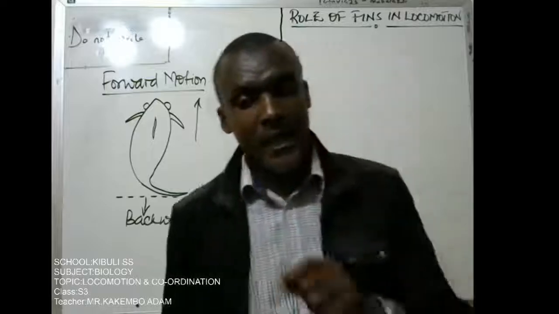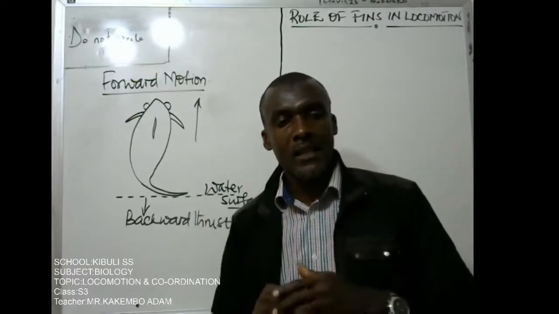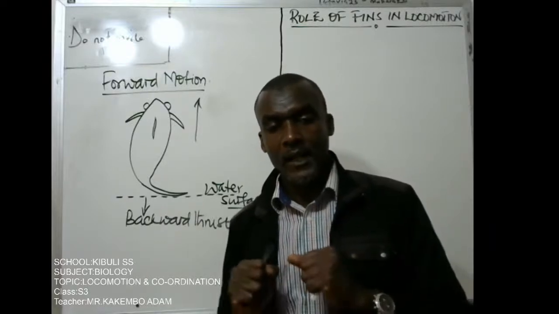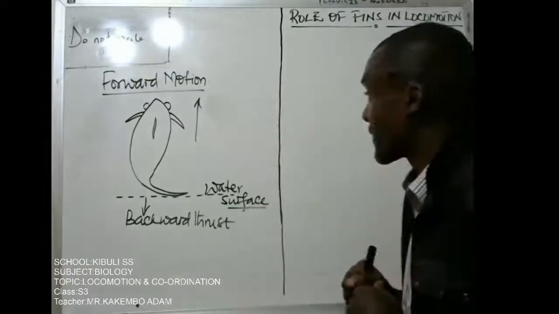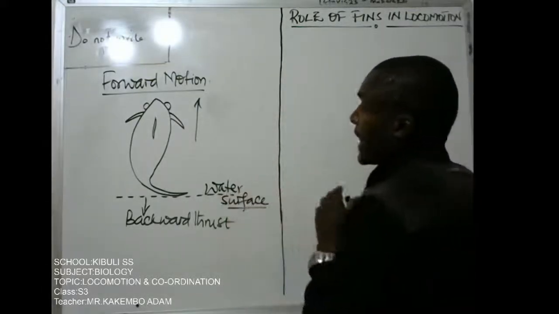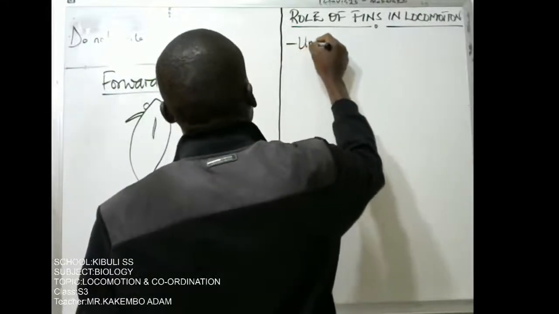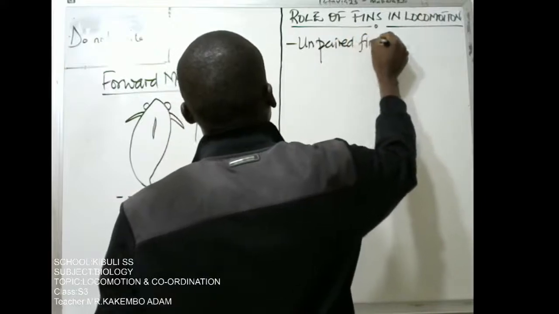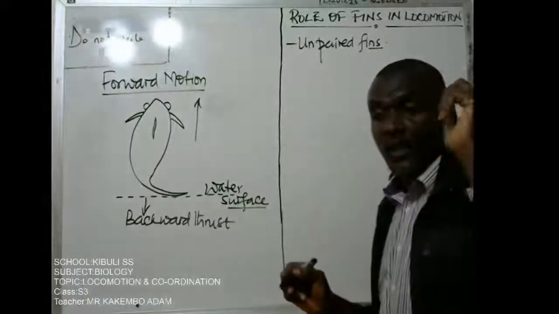Like I said earlier, the body of fish has different types of fins of different shapes and sizes. Like we have seen, it has the unpaired fins, those that occur as one or single.